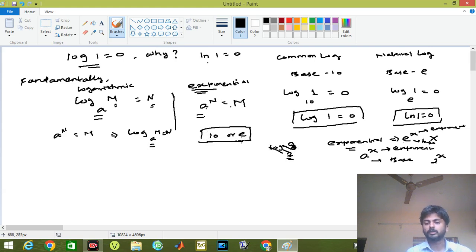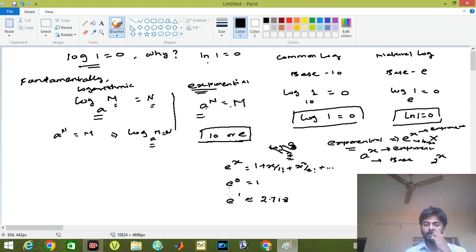These two are constants. e is also a constant, and we have to know that the value of e power 0 equal to 1 comes from the formula. Also e power 1 is approximately equal to 2.71828. It goes on like that from the formula 1 plus x by 1 factorial plus x square by 2 factorial plus etc. So from this formula only we are having all these values.